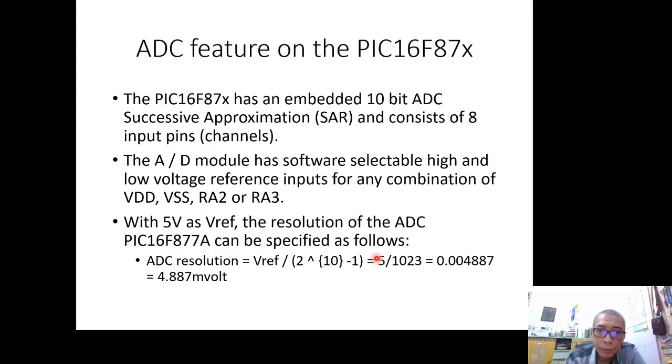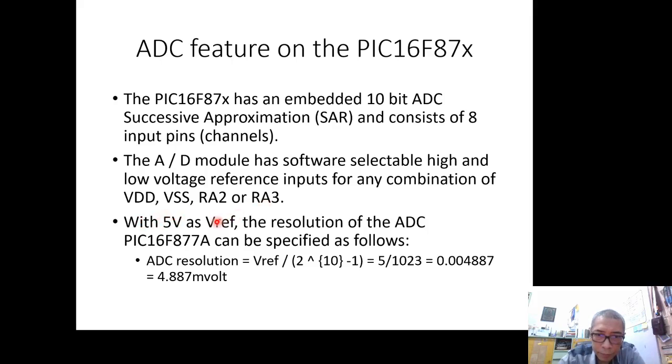So these are the features of the ADC in the PIC16F877, which has an embedded 10-bit successive approximation, or SAR, ADC and consists of 8 input channels. The AD module has a software selectable high and low voltage reference input for any combination of VDD, VSS, RE2 or RE3.